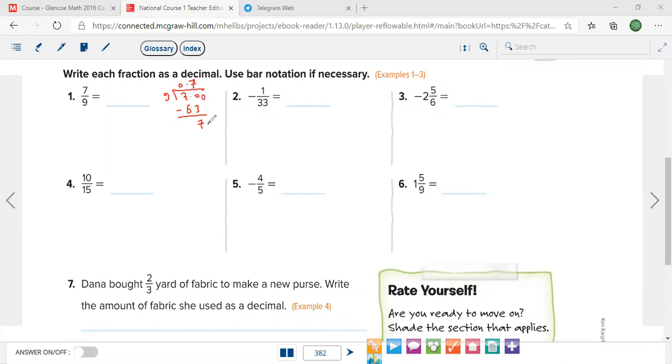So 70 again, and this will give you 7. 7 by 9 is 63, minus will give you 7. So 70 again, and the process will never have an end. So the answer is 0.7 repeated.